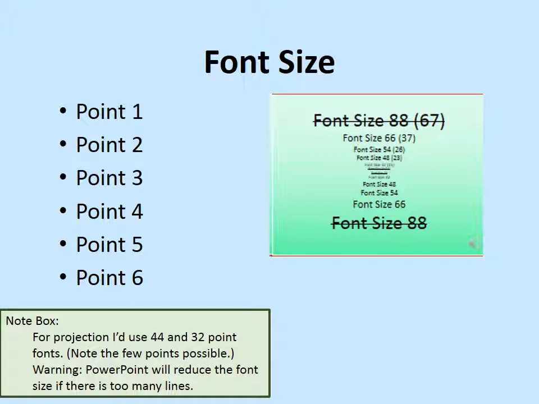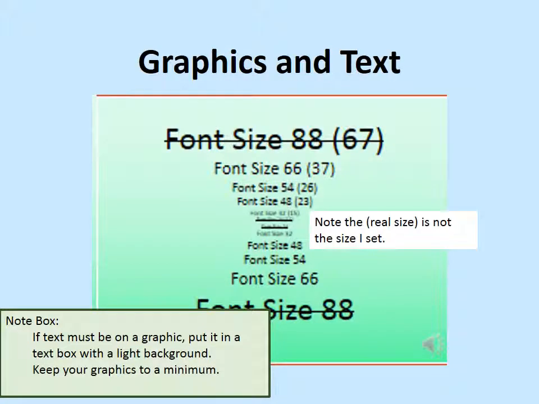In the example you see in the graphic, the font sizes are set to the numbers outside the parentheses, but the number inside the parentheses is the actual font that is being used by PowerPoint. So PowerPoint will override you if you try and force too much information on the slide.